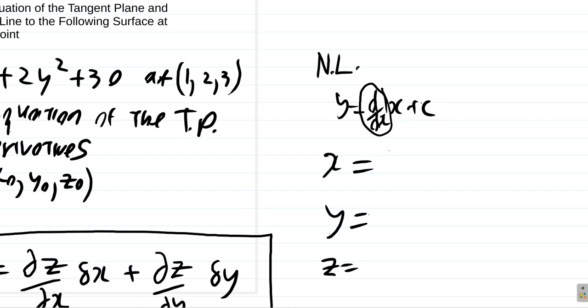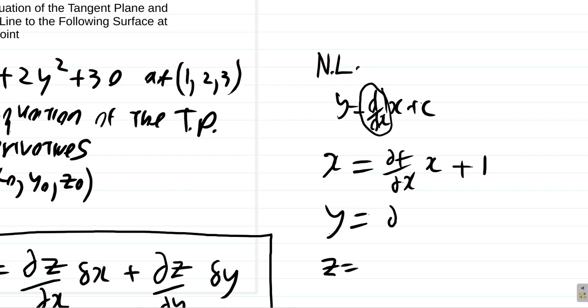This will be delta f by delta x times t, plus a certain constant. What would that constant be? Well, there's a certain point that is fixed, and that is this point. So we have 1. So 1 will be our x.